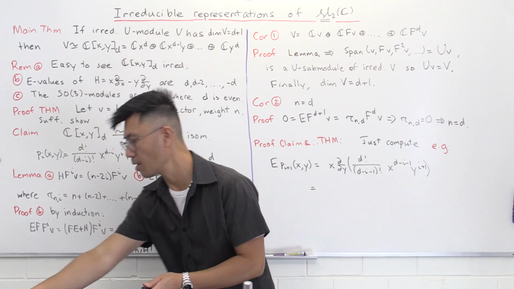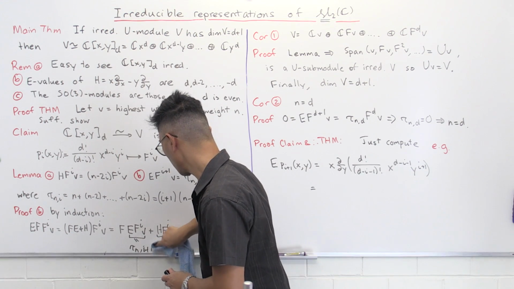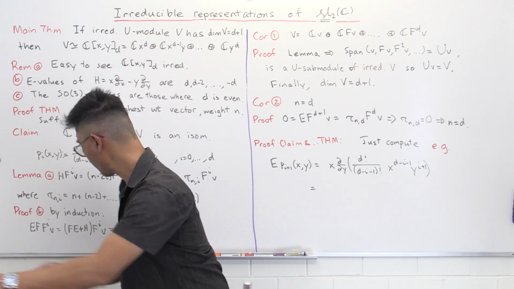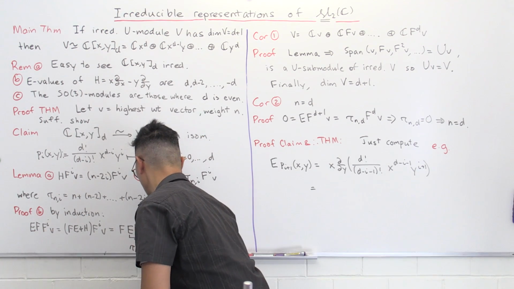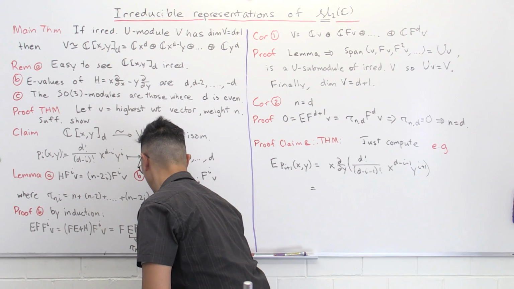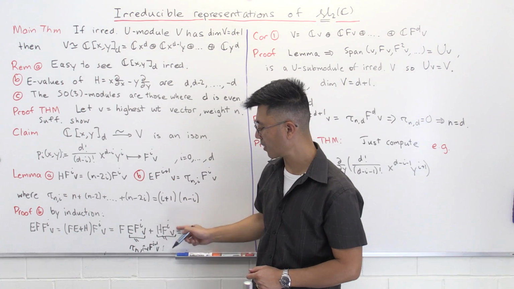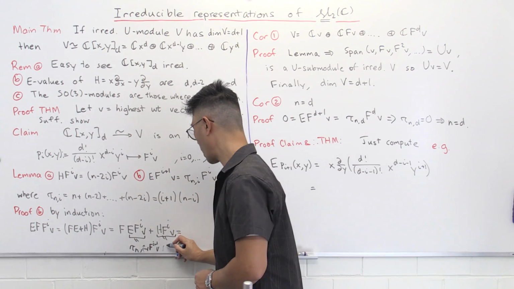So that's what you have there. Let's write it a bit neater. So you have tau n, i minus 1, f to the i minus 1 v. And this second part here, you can use part A. This is an eigenvector with eigenvalue n minus 2i.